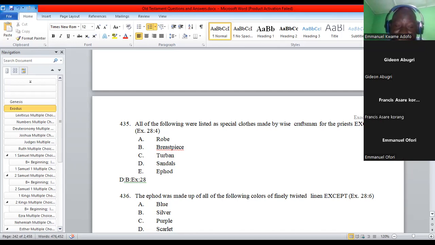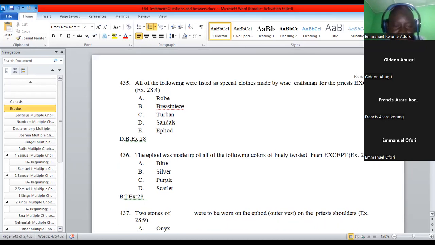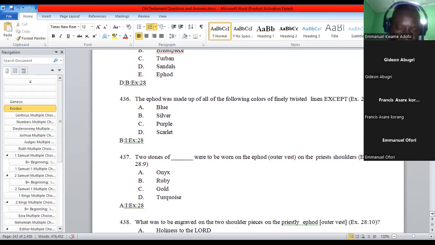Silver. Two stones of dash were to be worn on the apron, like the outer vest on the priest's shoulder. Which type of stones are they supposed to be? Onyx.